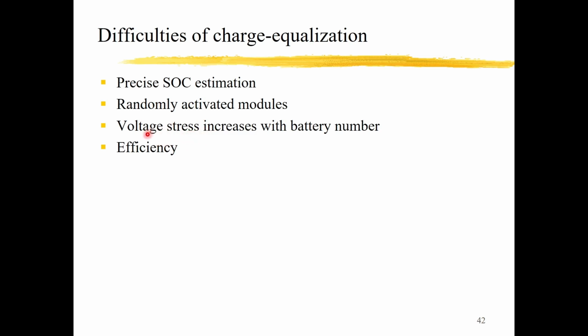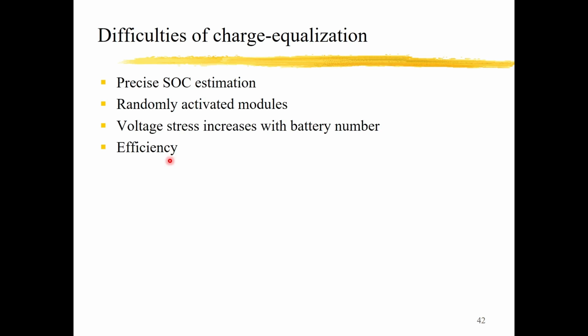And then the voltage stress, as I just said, will increase with the battery number. When the number of series-connected batteries increases, the voltage stress for the switches also increases. The cost also increases, and the reliability becomes worse. And finally is the efficiency. Because for every transference, it loses some energy.